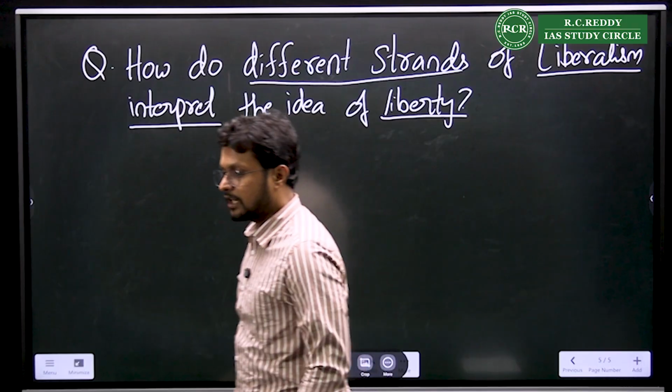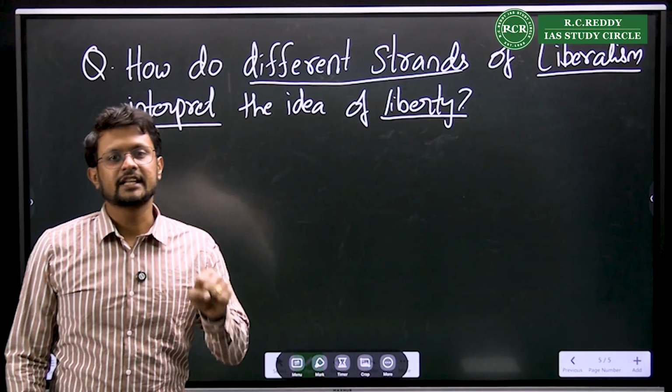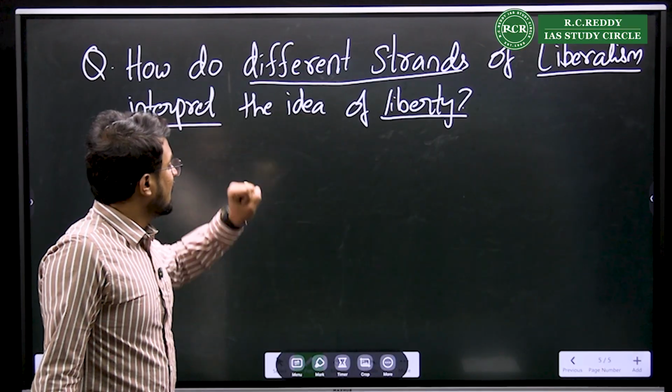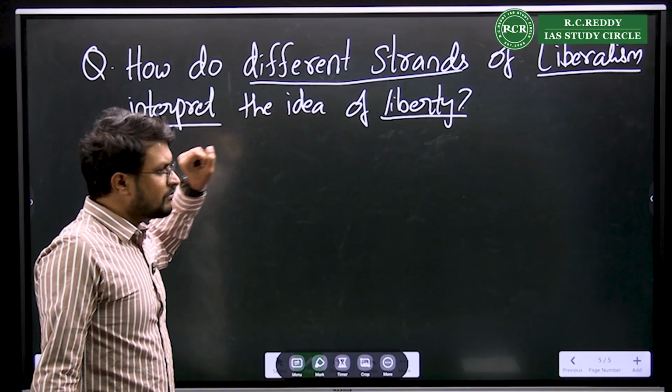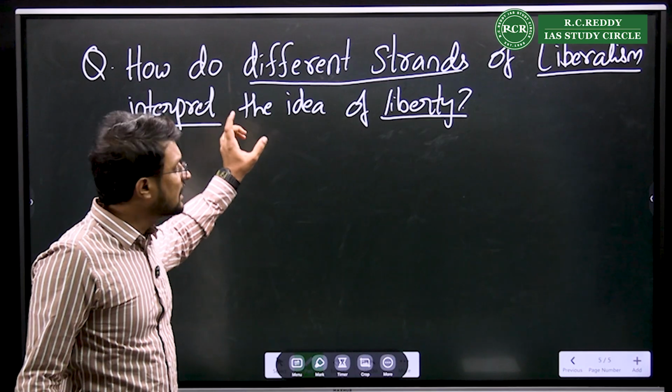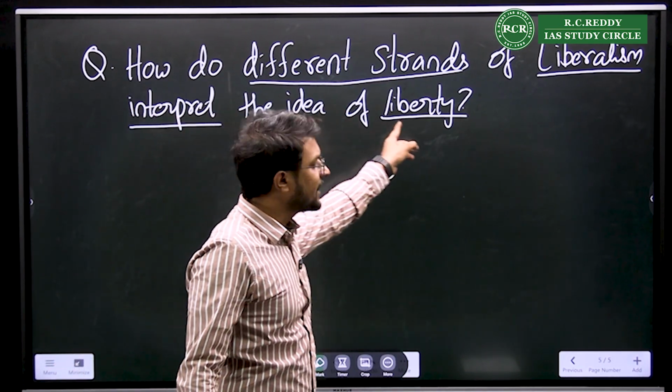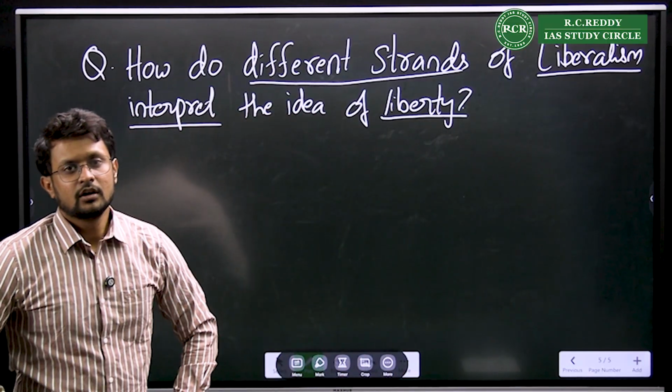Using this, now let us try to identify the core of the question. The core of the question can be found in an amalgamation of these keywords. Different strands of liberalism interpret the idea of liberty.